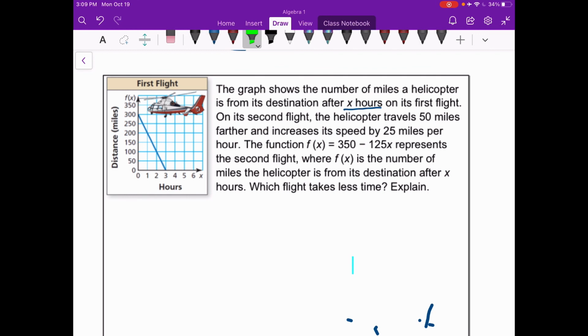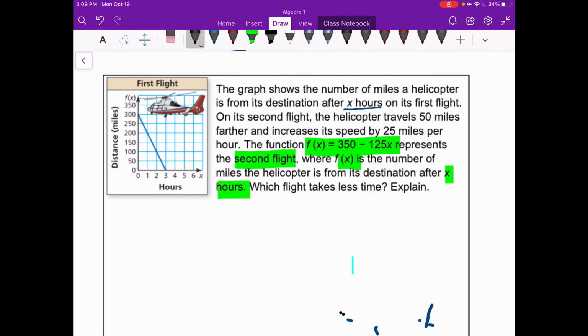The function f of x equals 350 minus 125x is the second flight, where f of x is the number of miles the helicopter is from its destination after x hours. So in both cases, we know x represents hours, and the output y or f of x is how far the helicopter is from its destination.